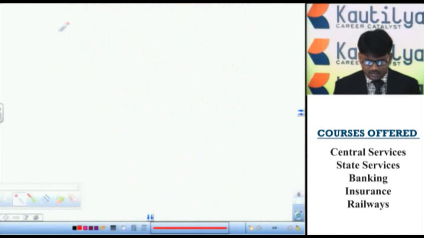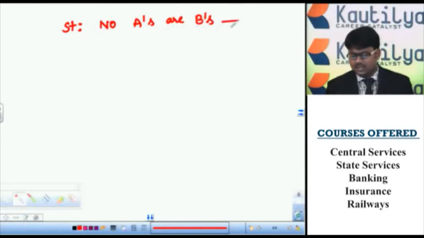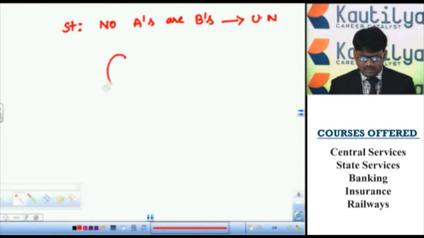Second type of statement is universal negative statement. It is indicated by no, for example no A is B. This is a universal negative statement. First, we have to represent it in Venn diagram method.